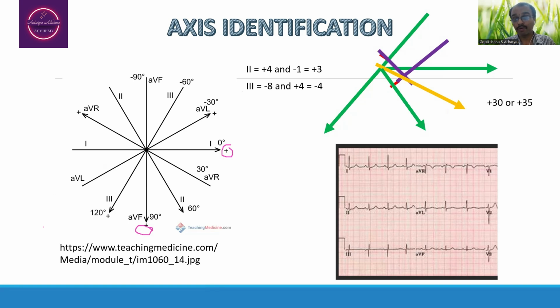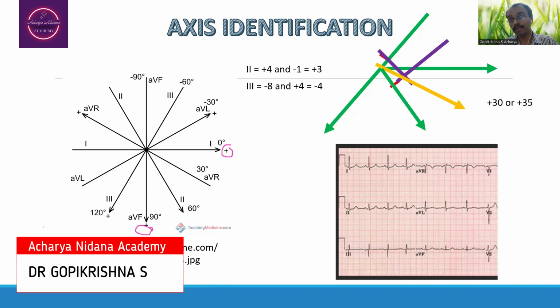So when you think about the drawing, the summation in the depicted lines will lead to the same result, that is around plus 30 or plus 35 degrees. This is how the electrical axis is drawn.